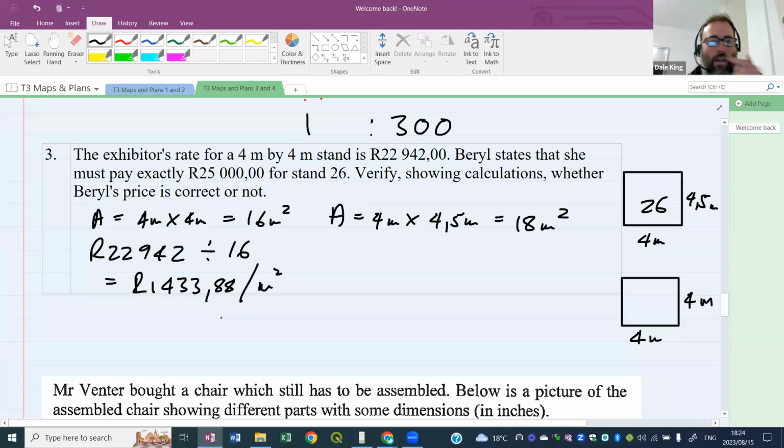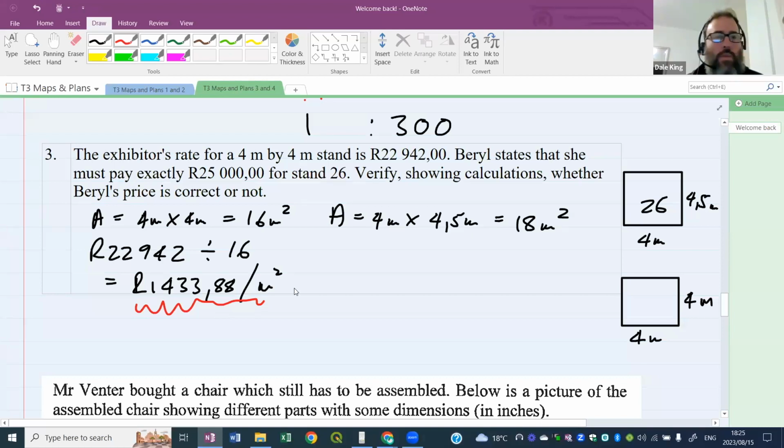So we should do what now, Ben? We should check this. So we've got a per square meter price. Is Beryl getting the same value? What do we do now with this per meter square price? Yeah. So we've got to take this to Beryl's side now. Beryl's got 18 square meters worth of area.